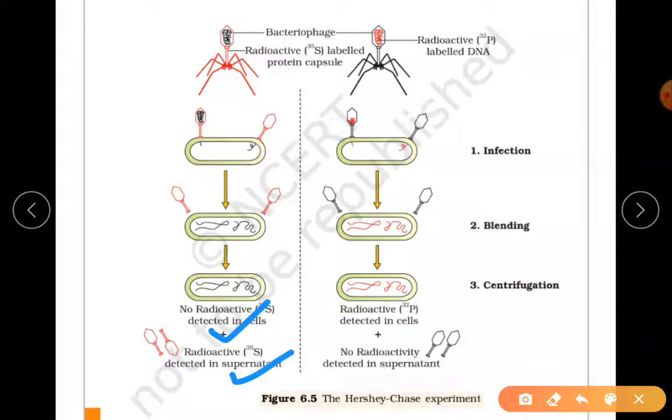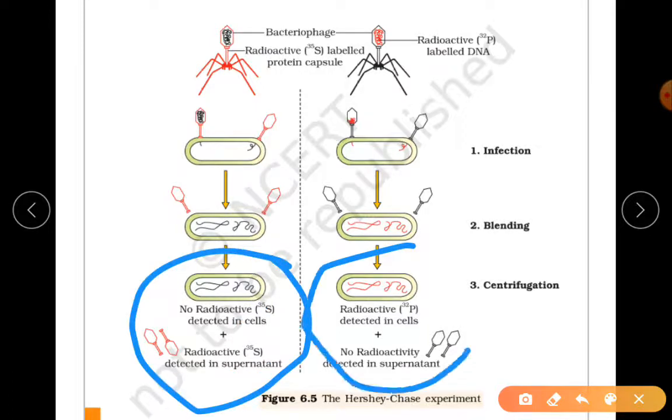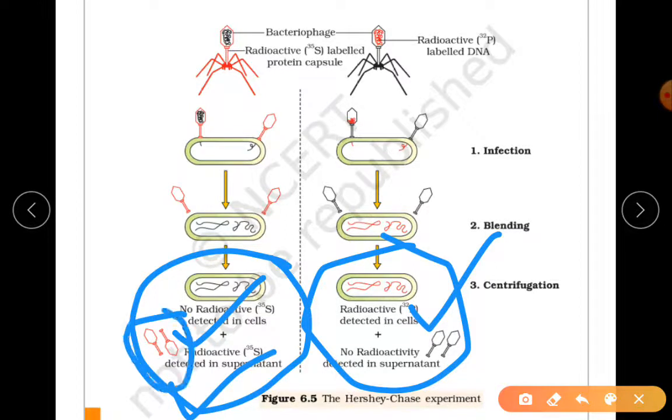When he placed it under the UV light, in one set the cells did not show activity, whereas in the other set the cells showed activity. In the supernatant of the first set, the protein coat showed activity, whereas in the second set the protein coat did not show activity.